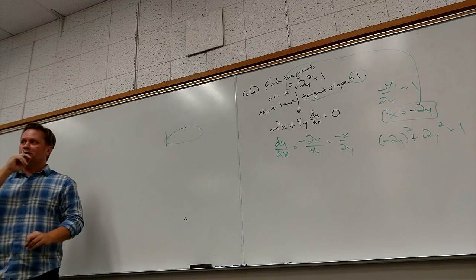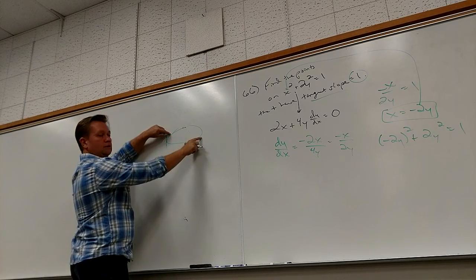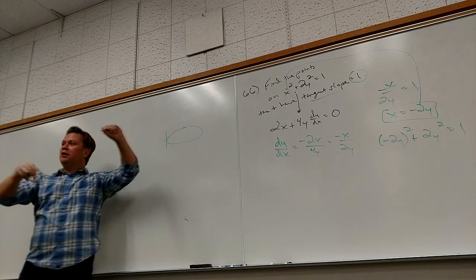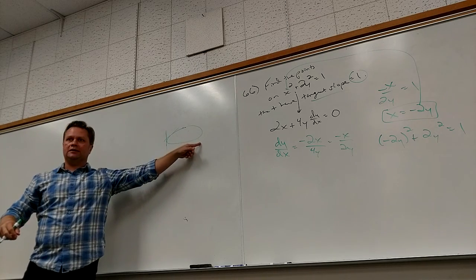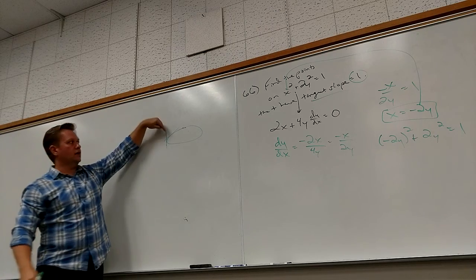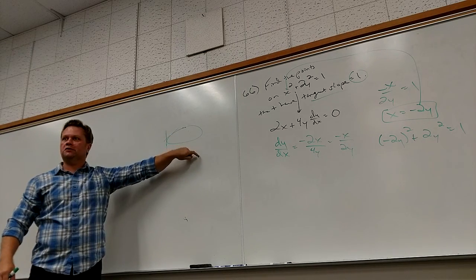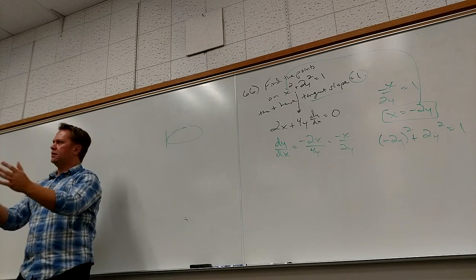Where else could it have a slope of 1? Yeah. So the 2 points you get should have some symmetry to them like that. This will be second quadrant. This will be fourth quadrant. So it should have negative, positive, positive, negative for the points. See how it makes sense.